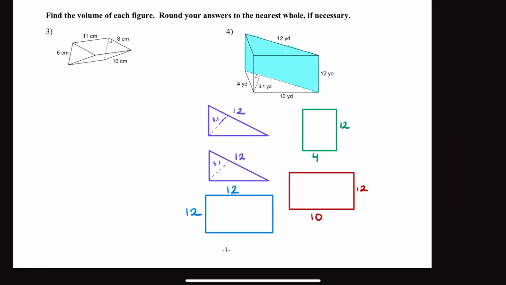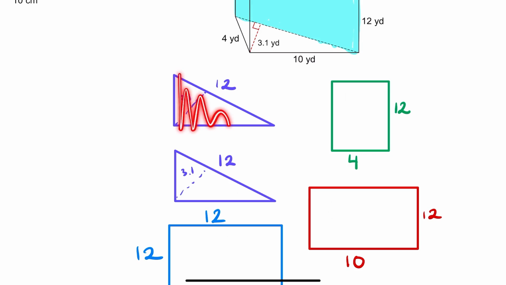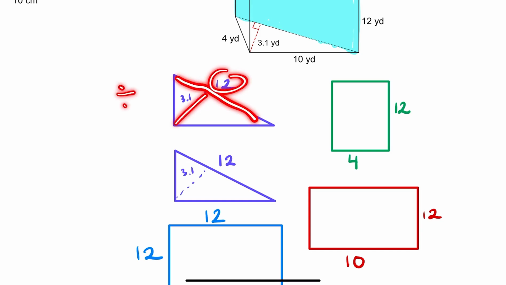And then just like the problem before, my next step is now to find the area of each one. I can start with these triangles. Remember, triangles are base times height divided by 2. So I'm going to take 12 times 3.1 divided by 2. And so the area here is 18.6.